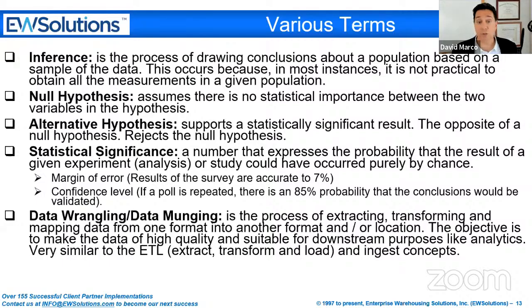So sounds great, right? To try to remove bias, your hypothesis could be this: that when it's above 90 degrees, people eat more ice cream. But when you actually test your data, you need to first start with a null hypothesis, meaning we're going to assume that there is no statistical importance between two variables, in this case, temperature and amount of ice cream consumed.